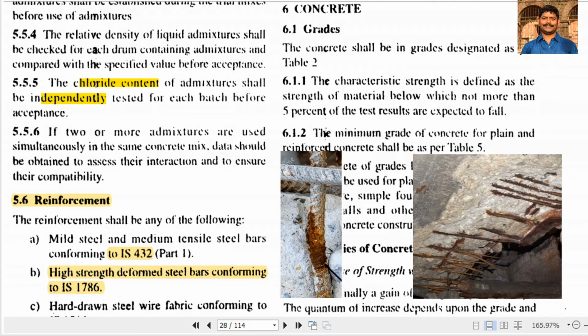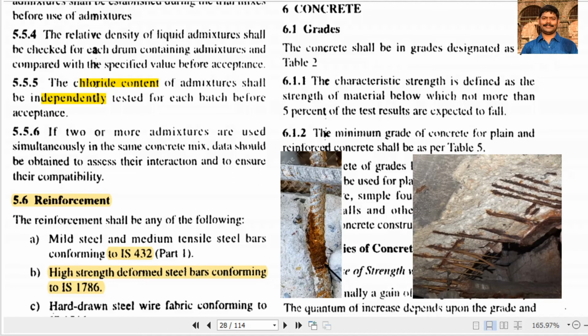When corrosion occurs, the reinforcement's volume increases, and it also loses its strength. So since the reinforcement has lost strength, the reinforced concrete also loses strength.